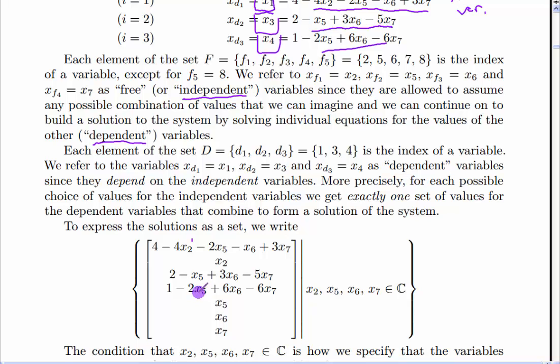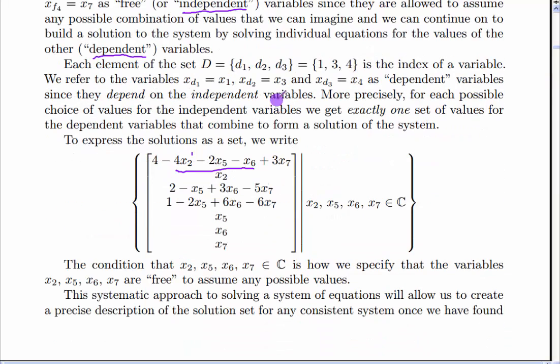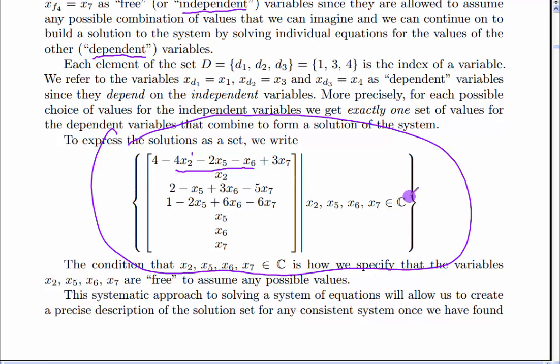They're dependent upon x2, x5, x6, x7. So I need to express them exactly as this equation. So this set here gives me all possible solutions. Now notice he's allowing for complex solutions. Typically in our class we'll talk about real solutions, but the principle is the same.